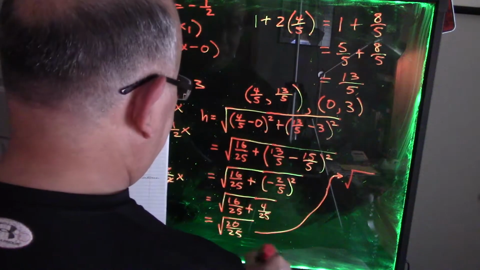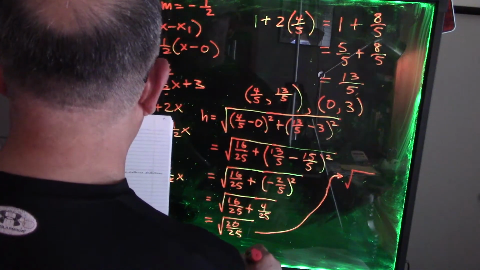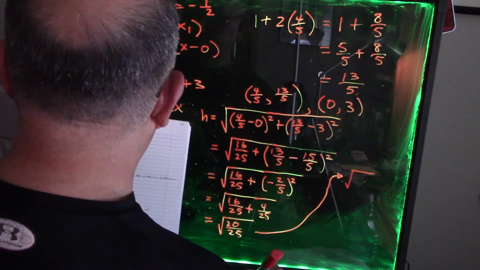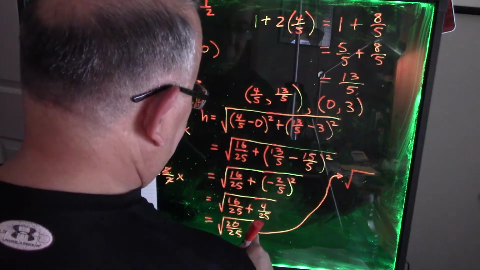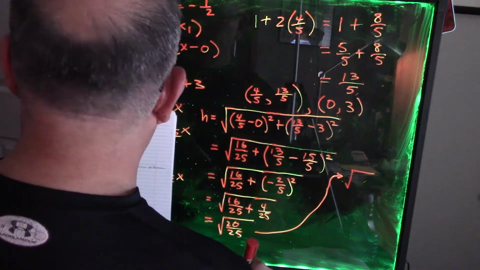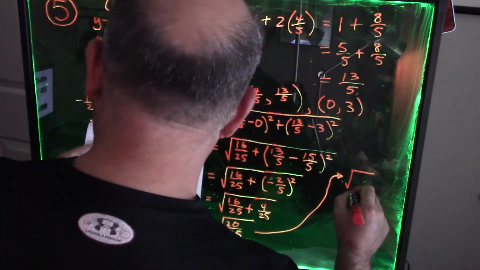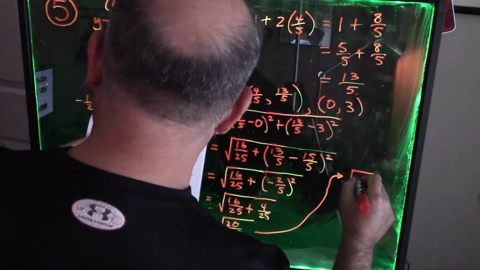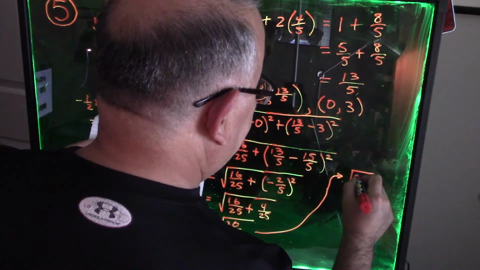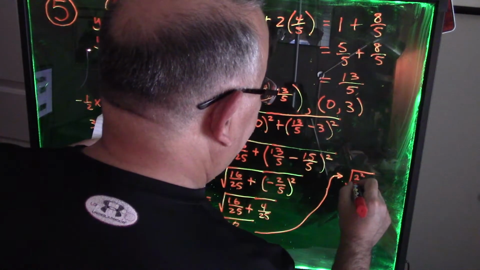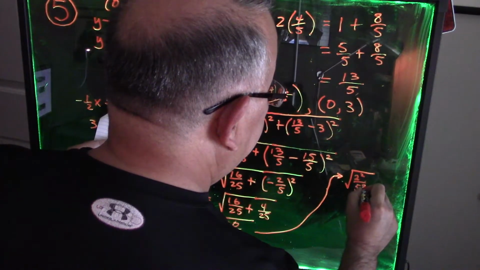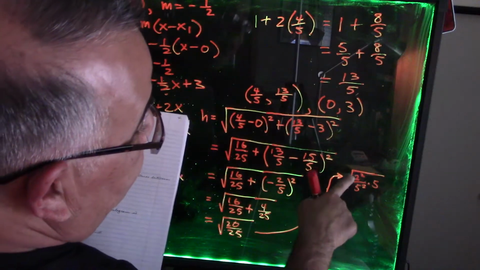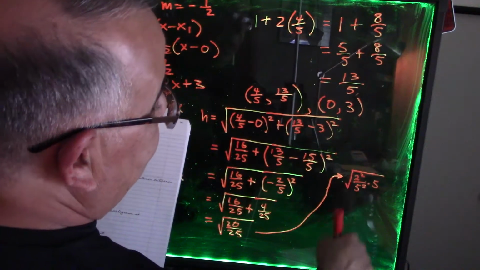You can factor 20/25 as 4 over 25 times 5. 4/25 times 5 gives you 20/25. In other words, 4/25 is the same as 2 squared over 5 squared times 5. 4 over 25 times 5. Alright?